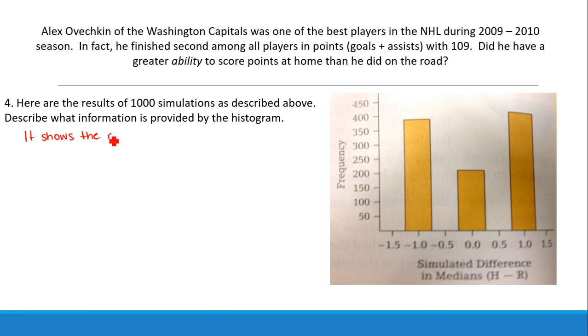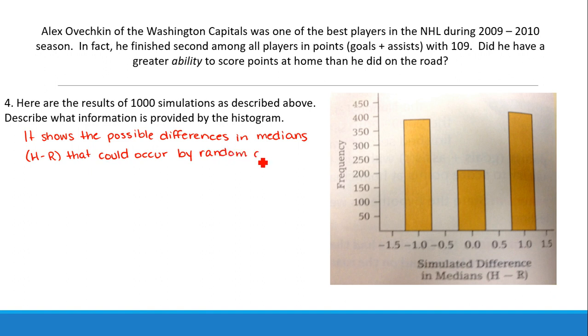So it shows the possible differences in medians, home minus road, that could occur by random chance, assuming Ovechkin had the same ability to score points at home and on the road.